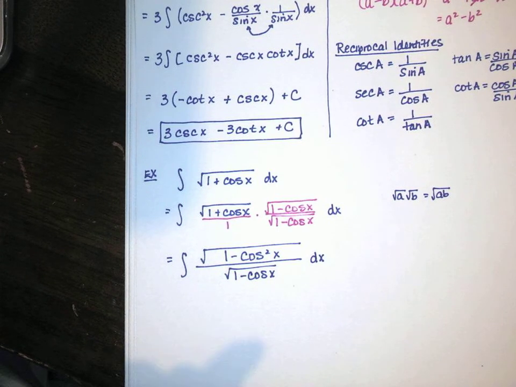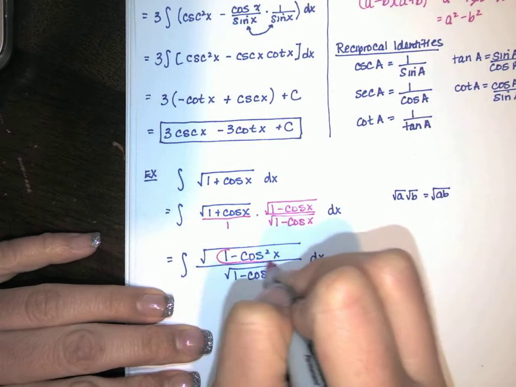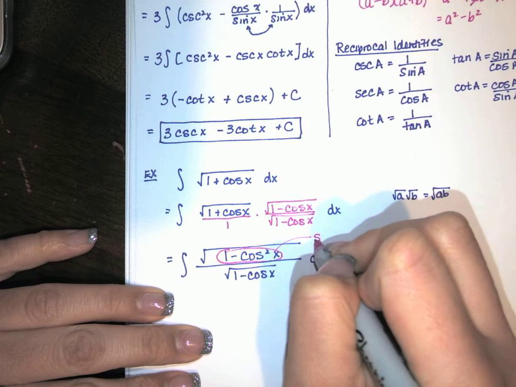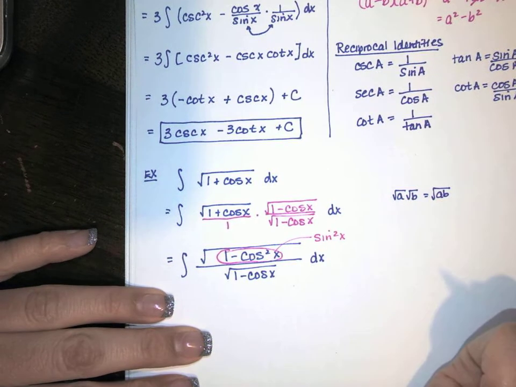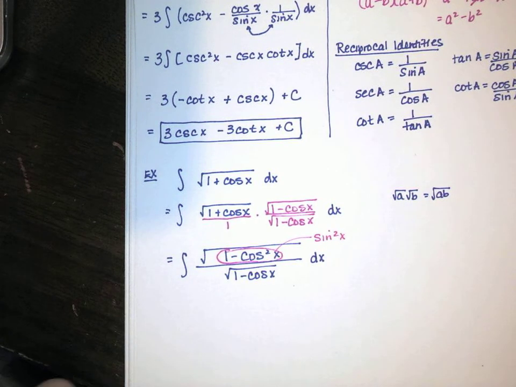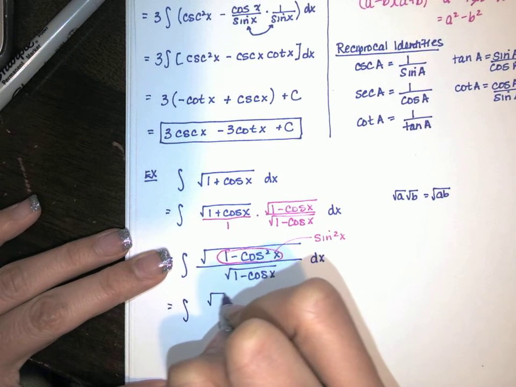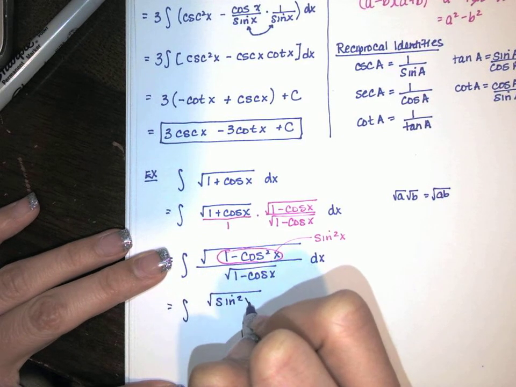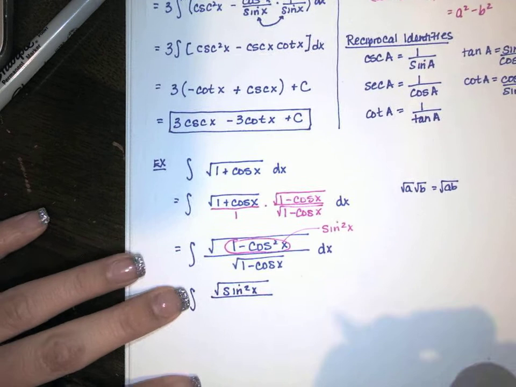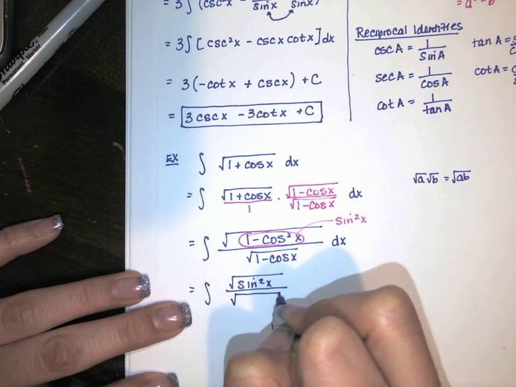And this is sine squared, just like it was before. Now we're taking the square root of sine squared. Technically that's the absolute value of sine of x, but we're going to assume everything's nice.